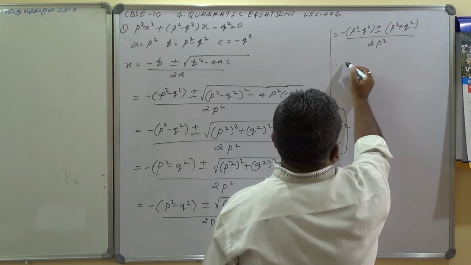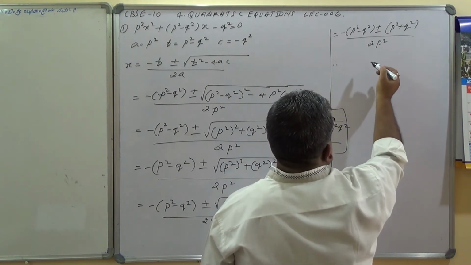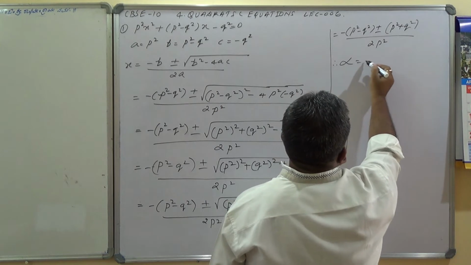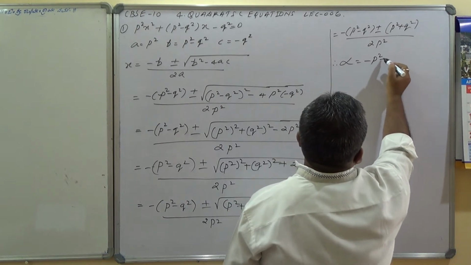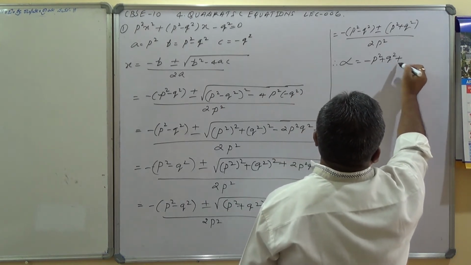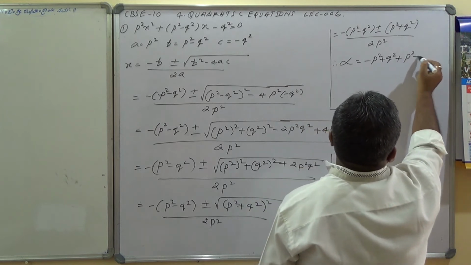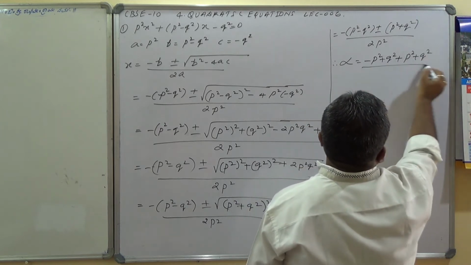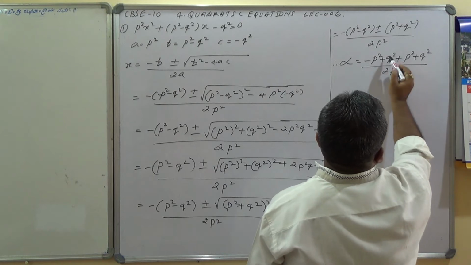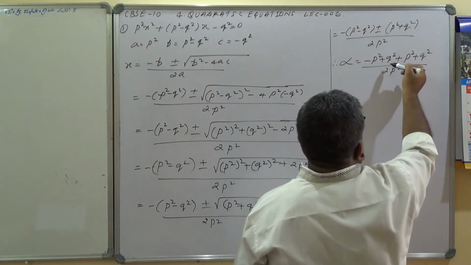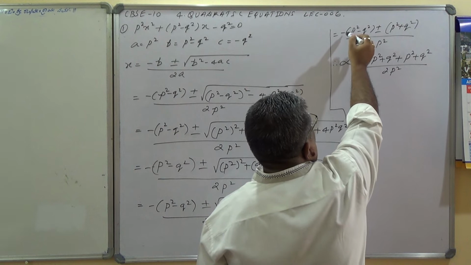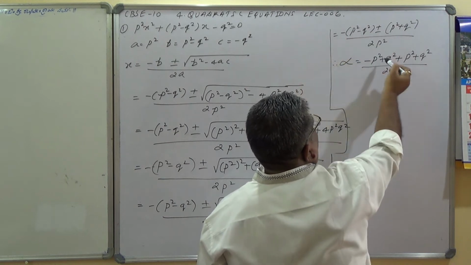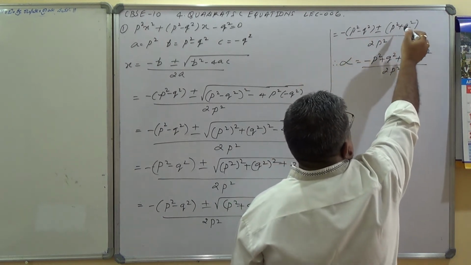Therefore let alpha be the value of one root. So alpha equals minus p square plus q square plus p square plus q square, the whole divided by 2p square. Here I am taking plus, once. This is minus p square plus q square plus p square plus q square.